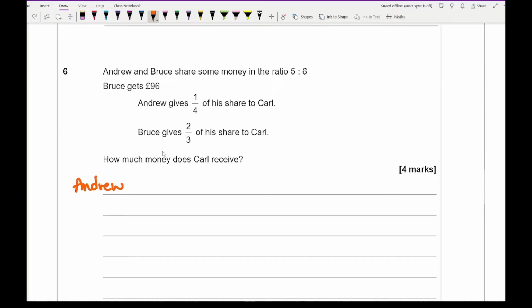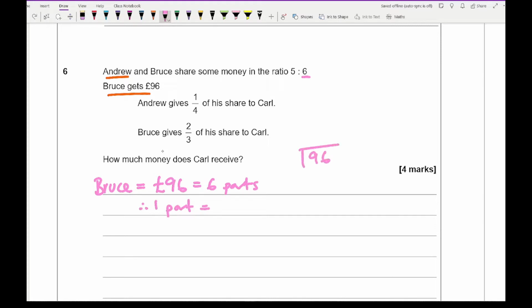So we know that Bruce gets 96, so if I just get rid of this and start with Bruce, Bruce equals £96, and we also know that that represents 6 parts. So then we can work out what one part is, which is going to be 96 divided by 6.